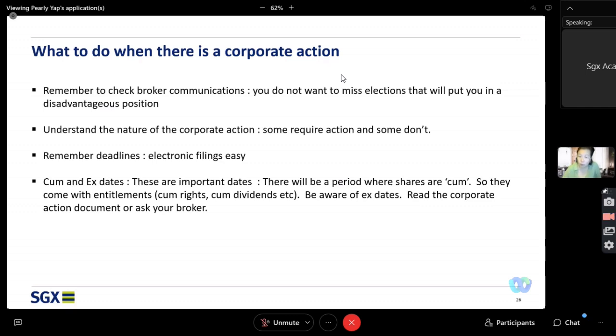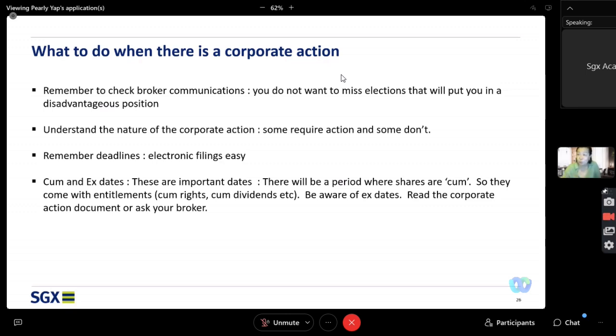So there is a time lapse. You don't buy today and automatically you're a shareholder. It takes 2 days. Remember what I said, that all these corporate actions relate to actions between the shareholder and the company. So you must be registered as a shareholder to be involved in all these corporate actions.